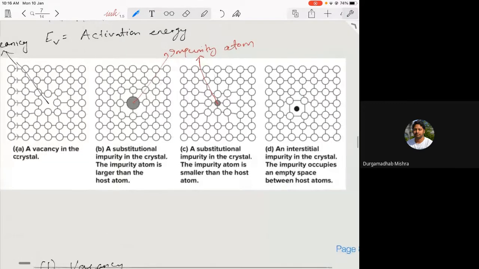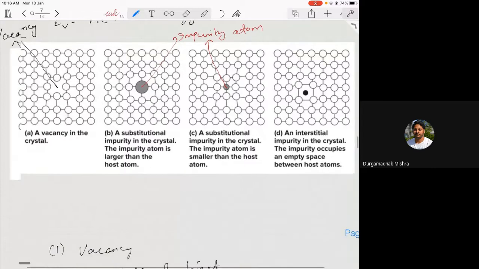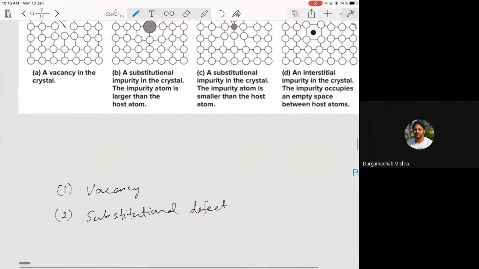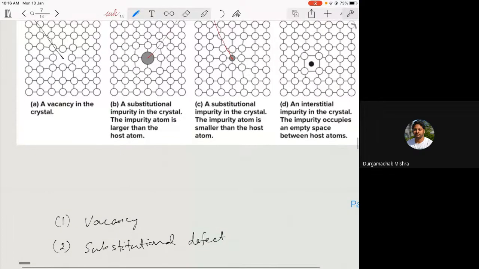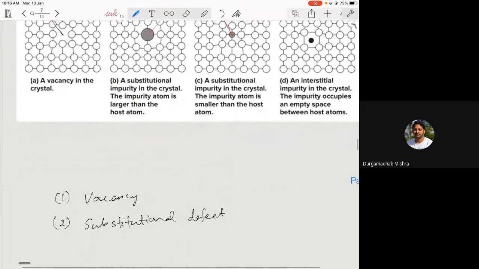So this impurity atom substitution is possible statistically, or may not be wanted, but in semiconductors, when we say doping, we deliberately make this substitution.